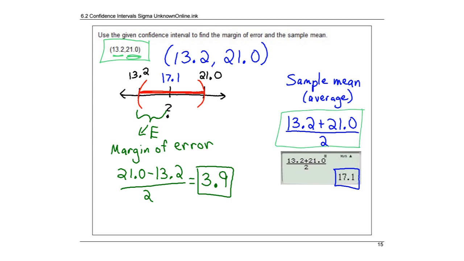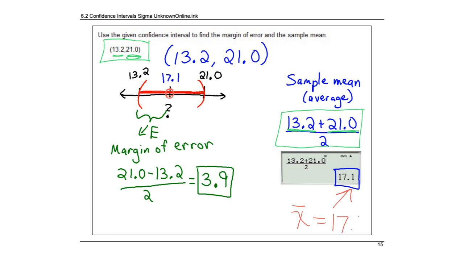I take the lower limit of 13.2, I add that to the upper of 21.0, and then I divide by 2. And so this value, this 17.1, is going to be my sample mean, and that is going to be smack dab in the middle of my confidence interval.